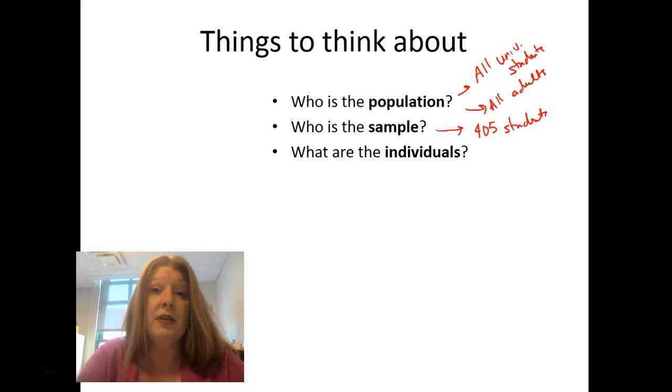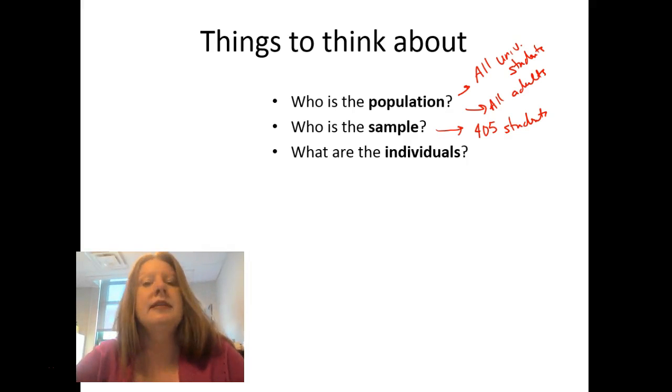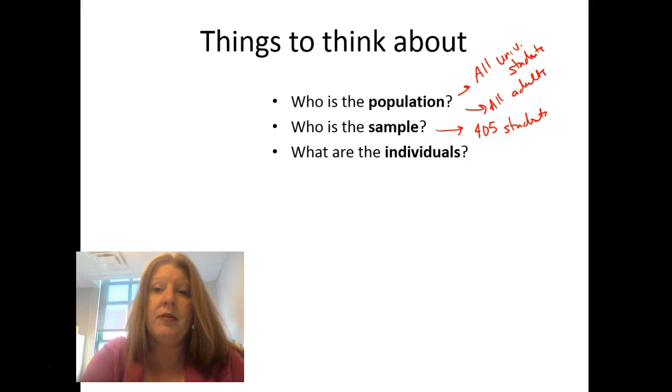What are the individuals? We want you to remember that in a study, the individuals are the cases. They're the ones who get the treatments, or they're the ones we're gathering information about. So here, the individuals are people.